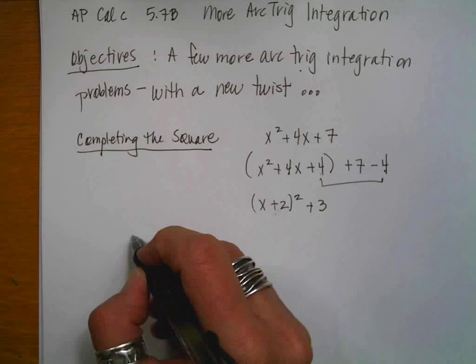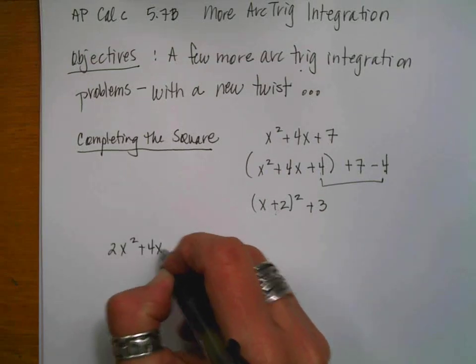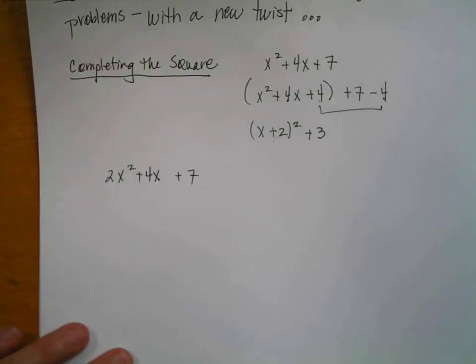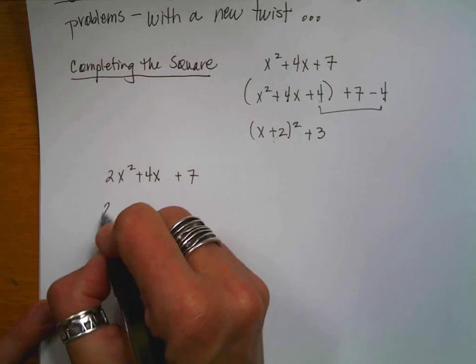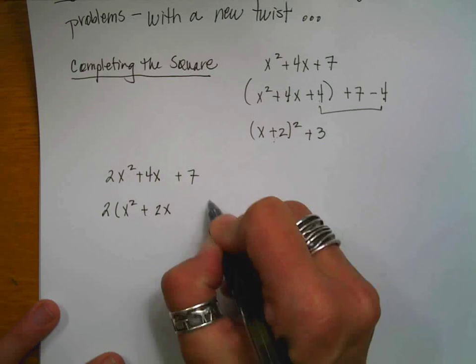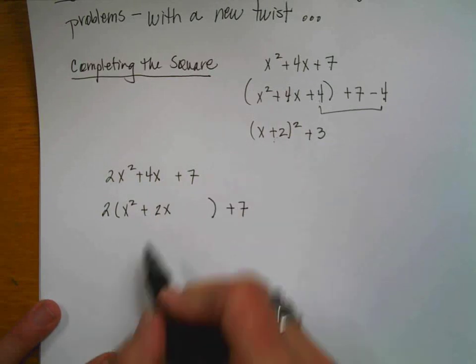Now we're going to try just one more, a little bit different. What if I had 2x squared plus 4x plus 7? Same basic problem, but now I have a leading coefficient. So I'm going to factor a 2 out of the x squared and the 2x. I'm going to leave some space, and push the 7 out of the way.